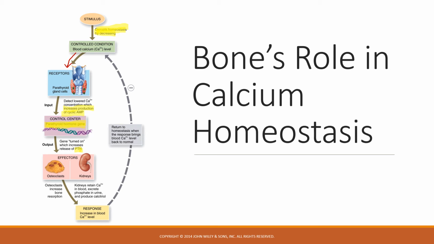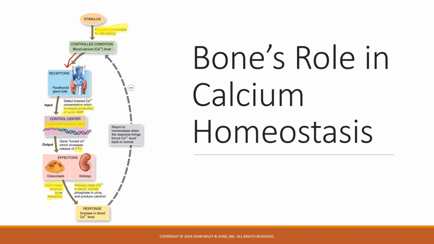With that increase of parathyroid hormone in the bloodstream, it will be detected by receptors on osteoclasts, and receptors in the kidneys will also interact with the increase of parathyroid hormone. The osteoclasts will break down bone and have that calcium reabsorbed back into the bloodstream.